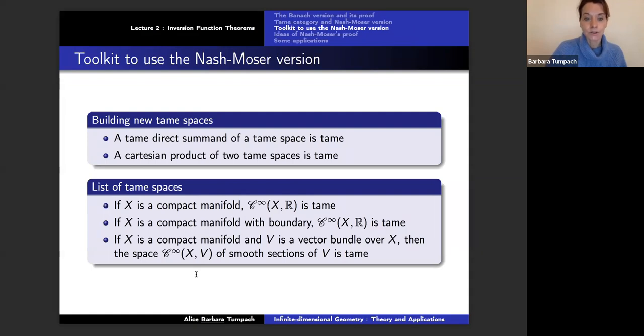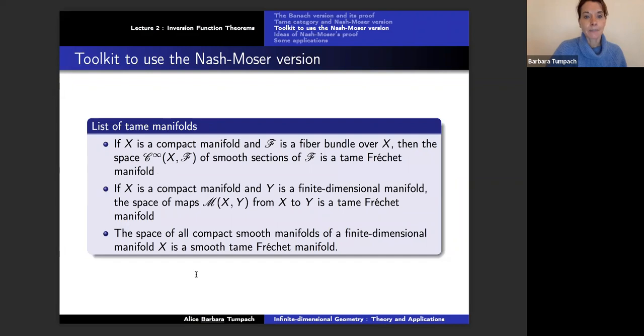So functions, smooth sections are Tame. If we have a compact manifold and a fiber bundle, the smooth sections of the fiber bundle are Tame. If we have a compact manifold and a finite dimensional manifold, the space of maps between these two manifolds is Tame.